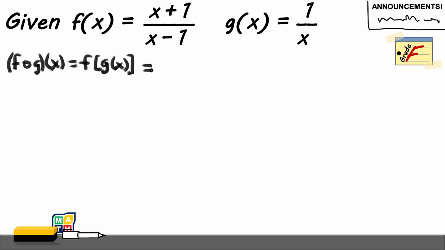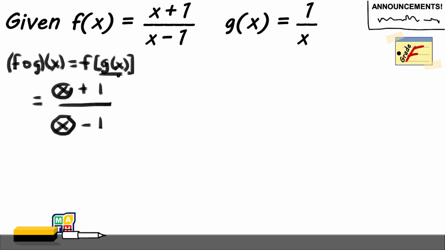Well, let's do it like this. Supposedly, our original, let me have it here at the bottom. Our original f of x function is x plus 1 all over x minus 1. This is our original f of x function, x plus 1 and x minus 1. However, these x's here for the f of x function will be changed to g of x.